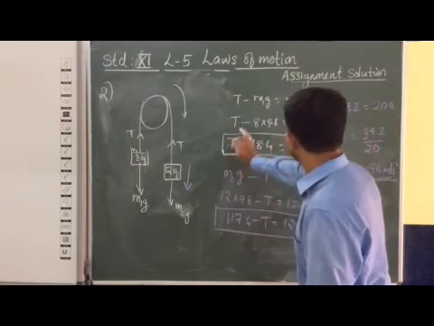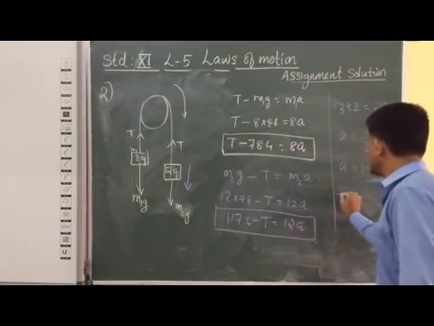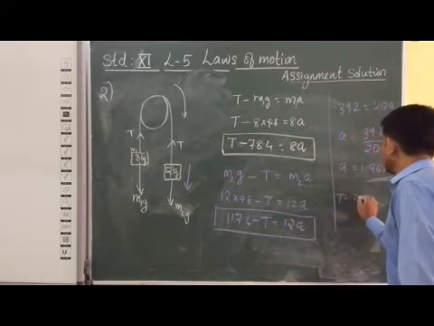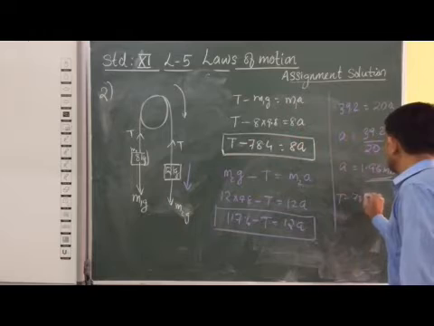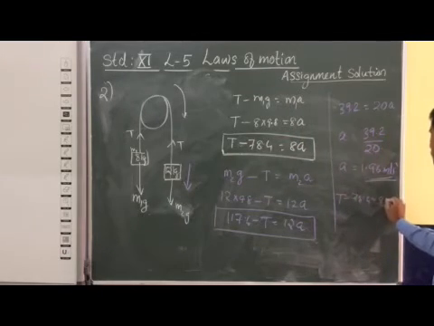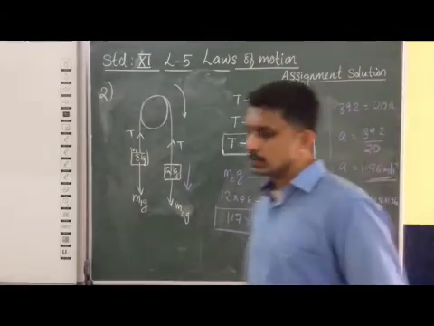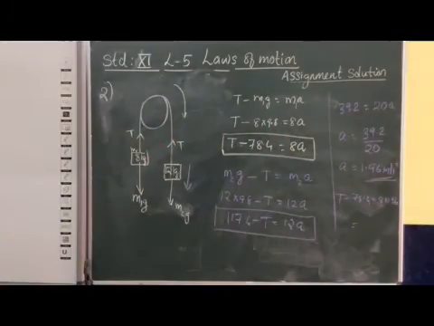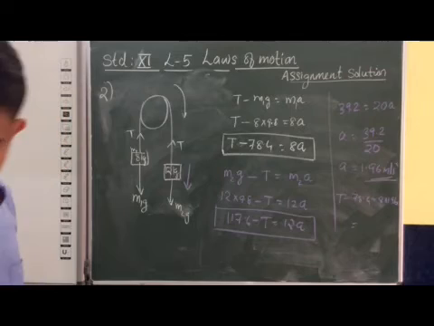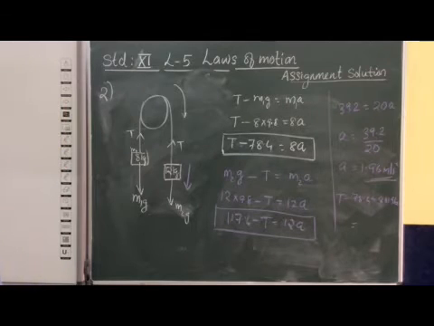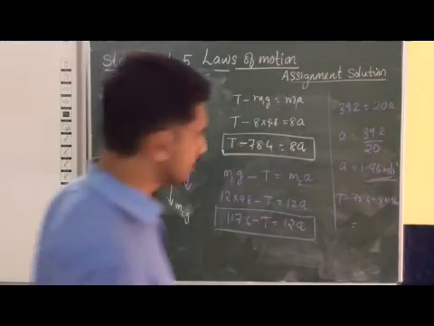If we substitute in this formula, T minus 78.4 is equal to 8 into 1.96. So you can find this value. 8 into 1.96 is 15.68.